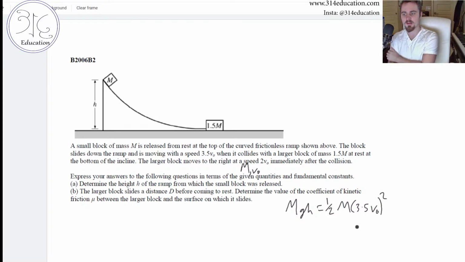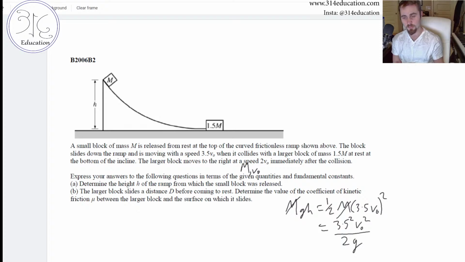And so that gives us a kinetic energy of 1/2 m times (3.5 v naught) squared. Then this is the relation we just want to solve for h. So we'll divide both sides by mass, and then we'll divide both sides by g, giving us 3.5 squared times v naught squared over 2g.